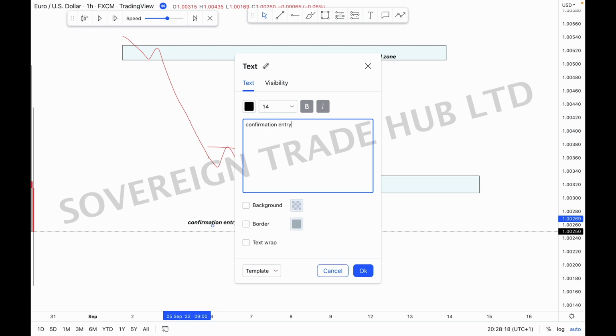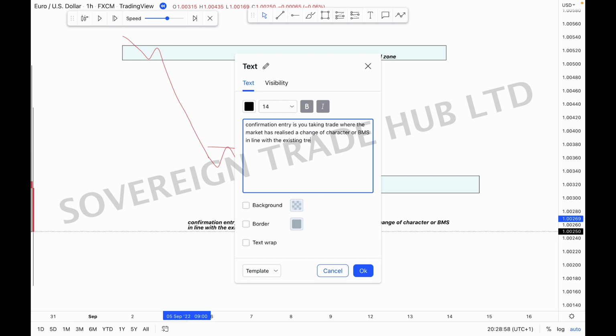Confirmation entry is you taking a trade where the market has realized a change of character or break in market structure in line with the existing trend.